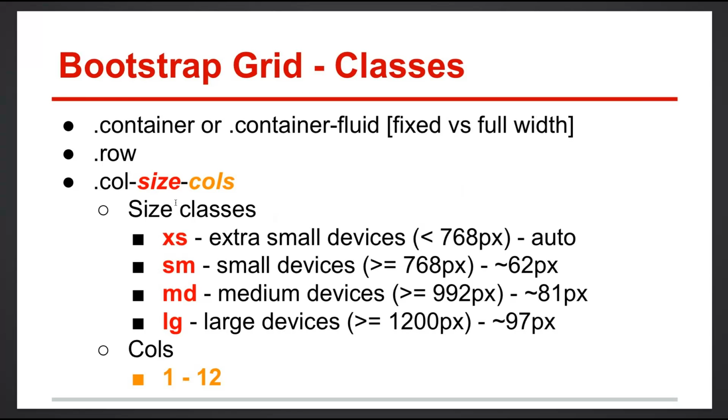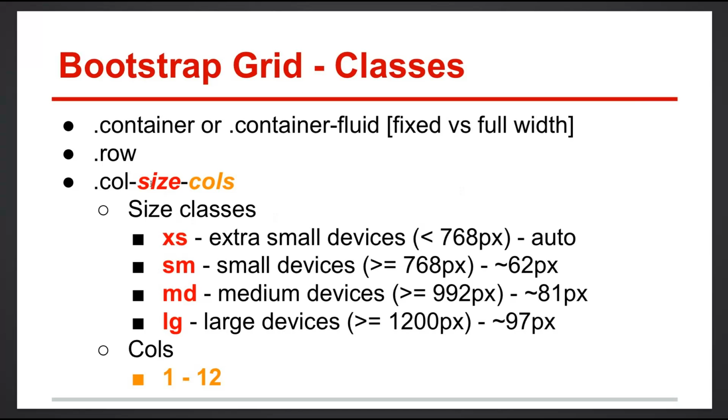Now, these column classes, the format looks like this. You have col, you have size, and this size is confusing, at least to me, because if you see size LG, you think you're going to get a big column, but it's actually referring to the size of the viewport or the size of the screen. So if you say col-sm, that's saying the size is for small screens or larger.